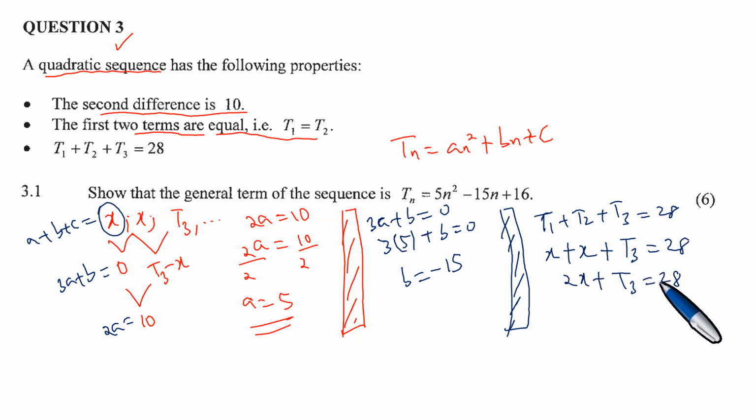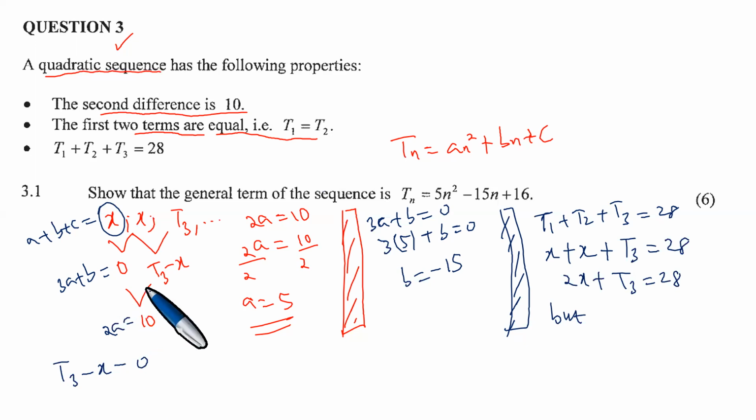But what is term 3? We have therefore that from this point, T3 minus x minus 0.